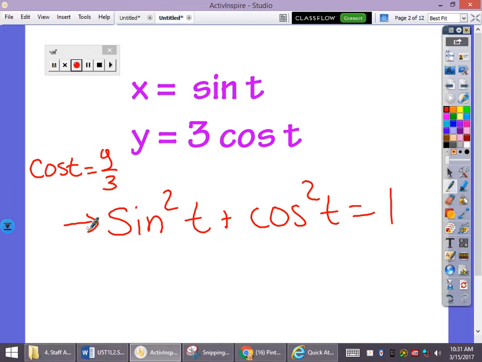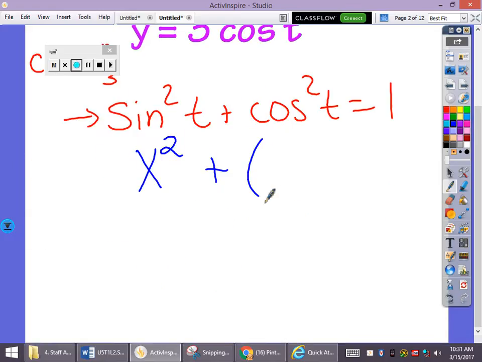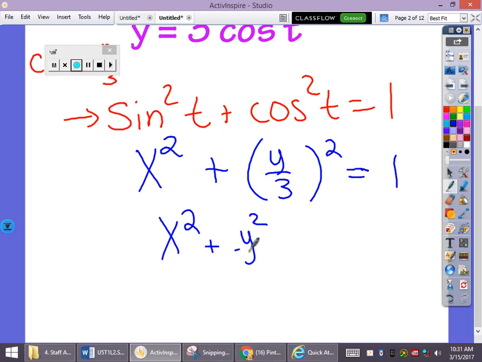So what is sine t? X. So x squared plus what is cosine? Y over 3 squared equals 1, and that simplifies to x squared plus y squared over 9 equals 1. Okay?